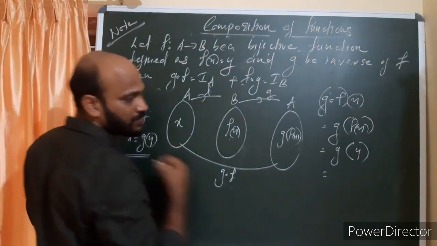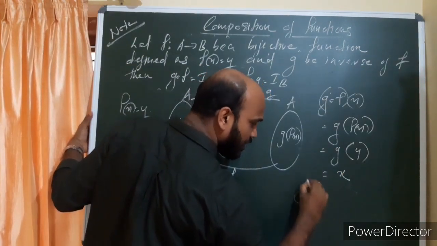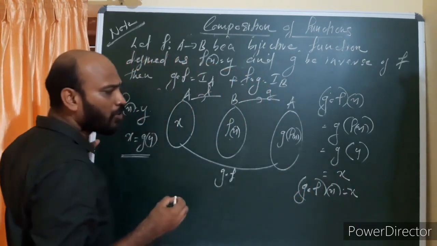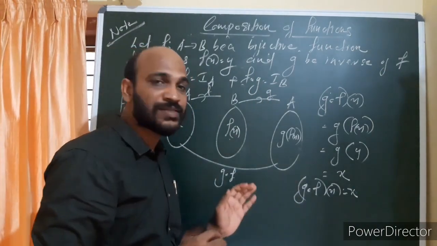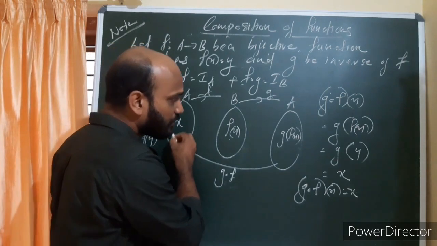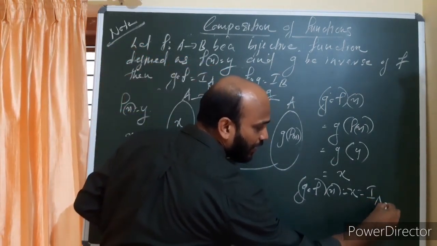G of Y equal to X. So G of Y equal to X, which implies G of F of X equal to X for all X belongs to A. That means G of F is an identity function on A because G of F is function from A to A. So we can denote it as IA.